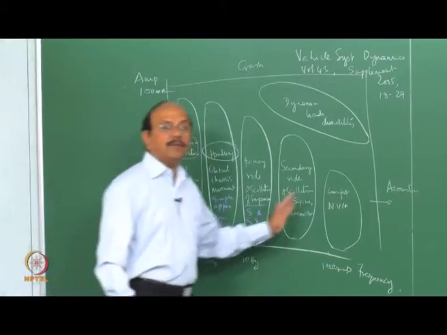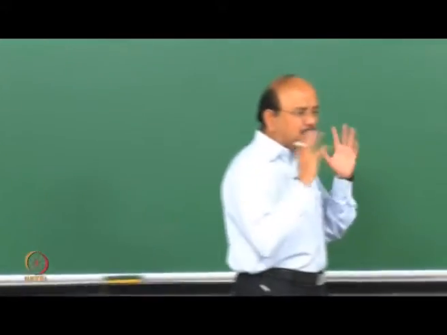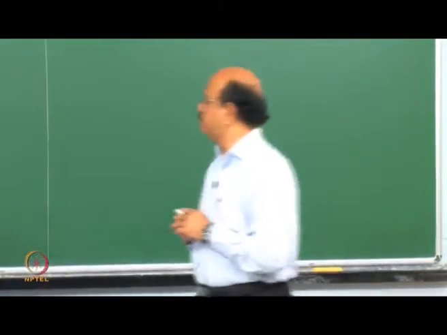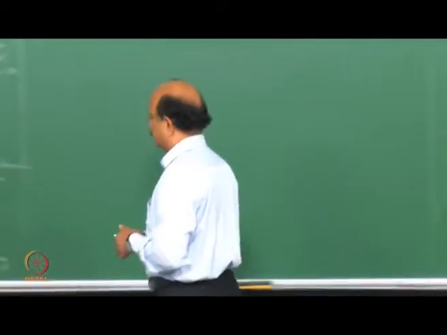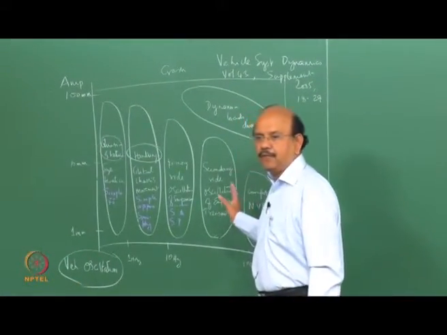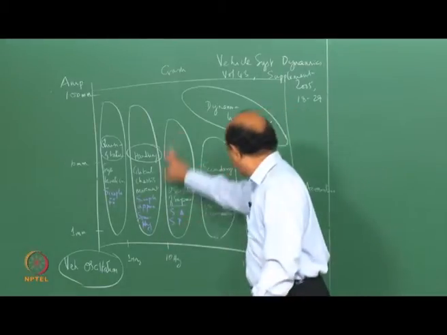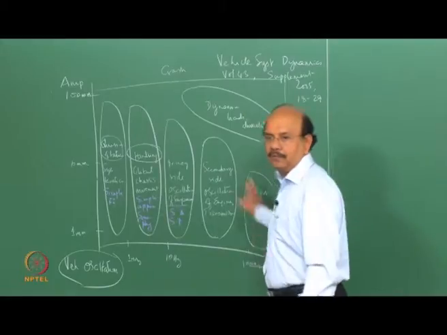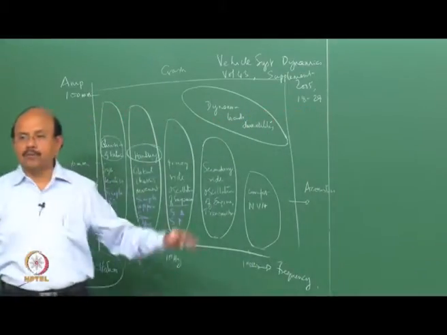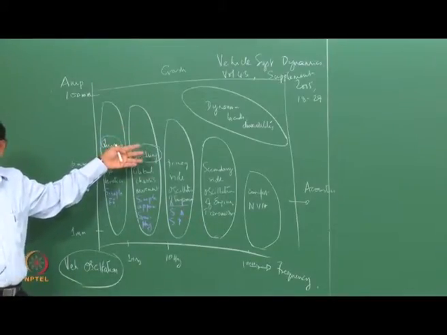Then comes harshness, what we loosely call NVH. That's comfort, at a much higher frequency. So if you look at the total ride, how comfortable I am in the vehicle, it covers the whole thing. You can also see that as I go down the frequencies, the amplitude comes down, a very well known case.